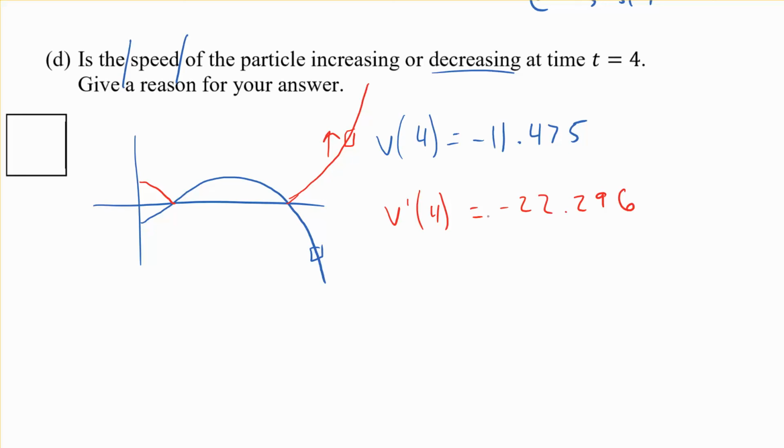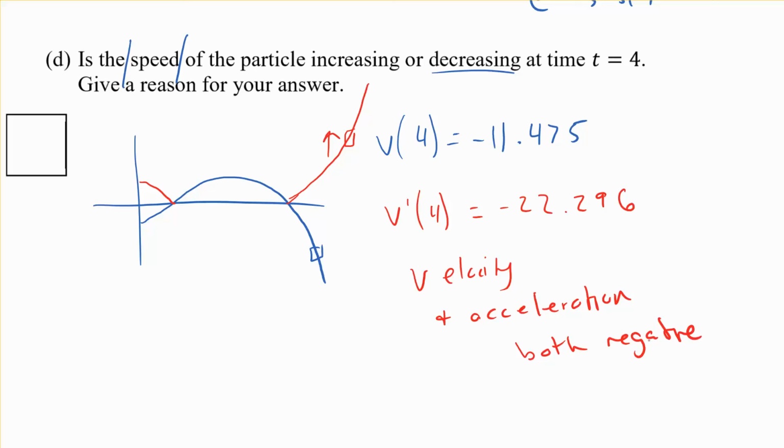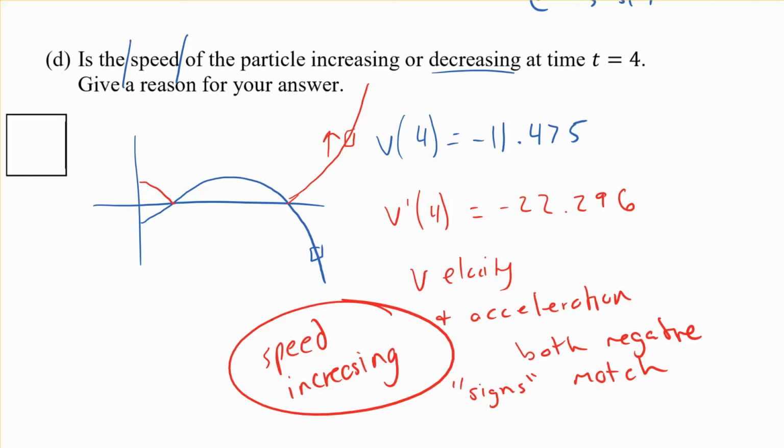And you can say because velocity and acceleration are both negative, meaning their signs match, speed is increasing. And I think, with an explanation, you can probably understand that one.